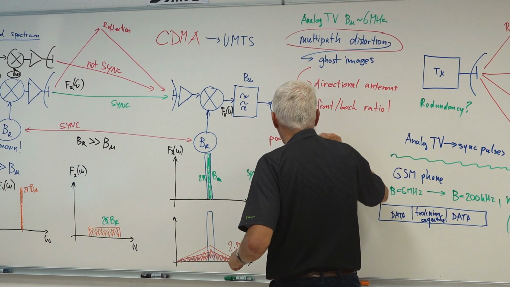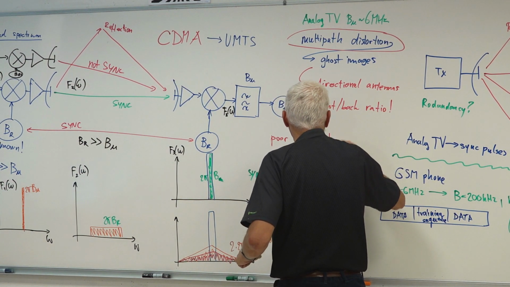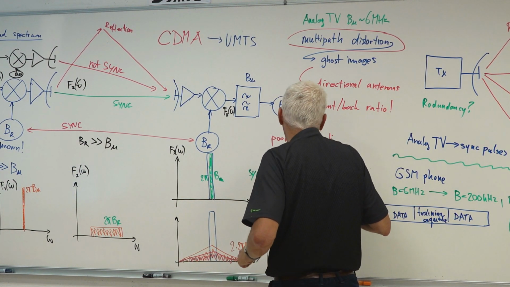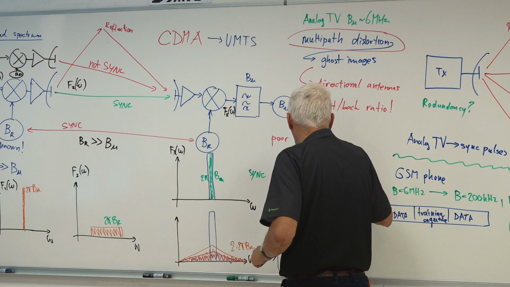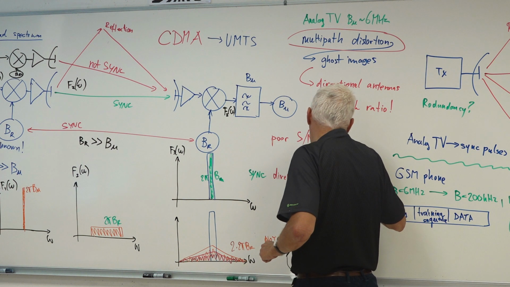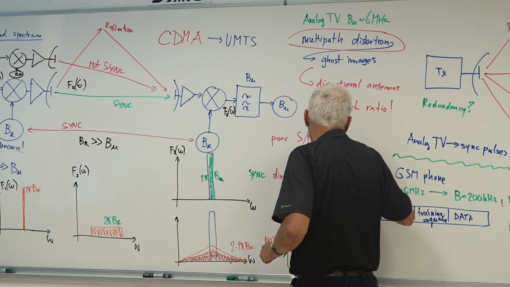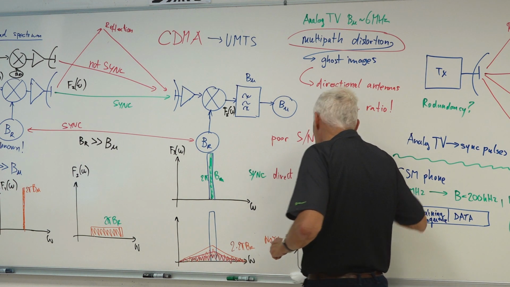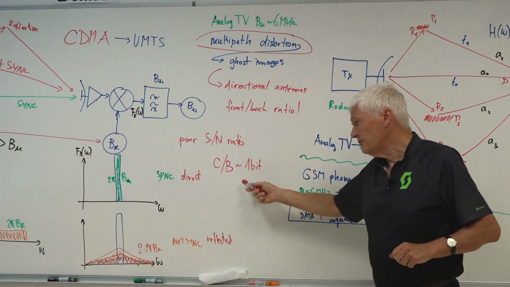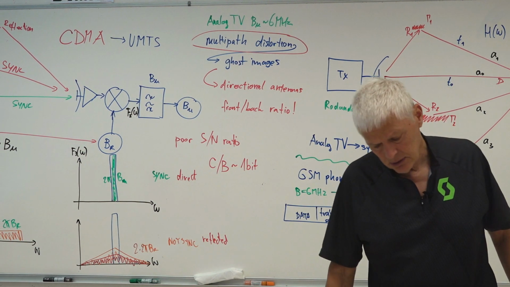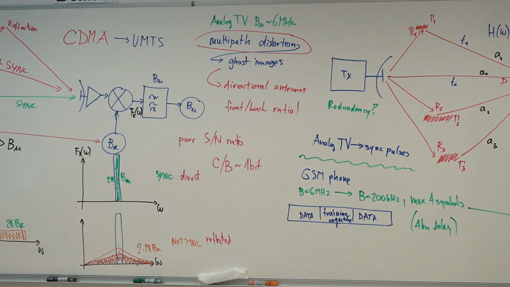That means that the spectral efficiency, so capacity over bandwidth used, will probably be in the range of 1 bit per second per hertz. That cancels out. So the spectral efficiency of CDMA is not particularly good for this reason.